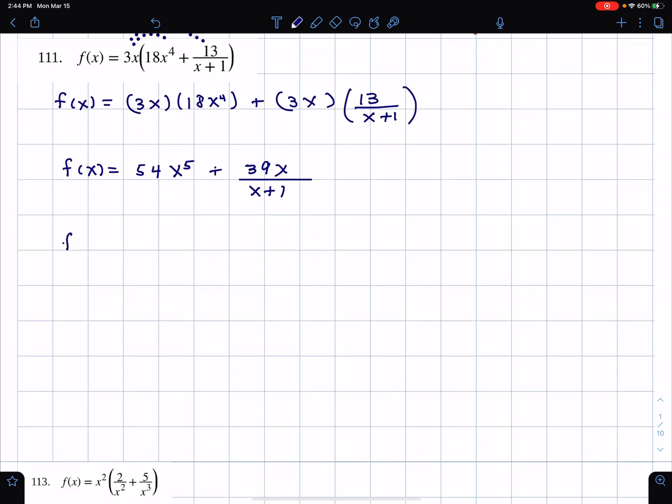Now, when I take the derivative, I can use the power rule for the first piece. I have 54, but the derivative of x to the 5th is 5x to the 4th. That's using the power rule. Now the next part, 39x over x plus 1, will require the quotient rule. So I just put a little derivative symbol there. I haven't done it yet.